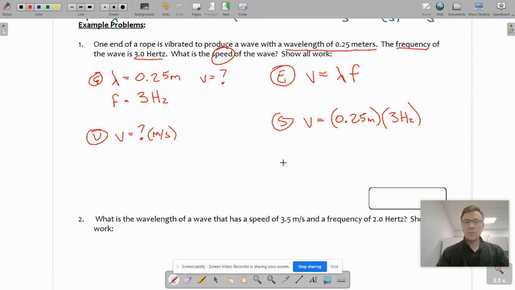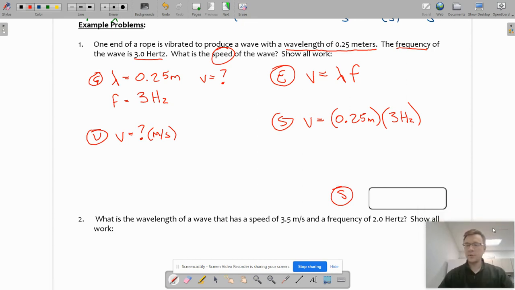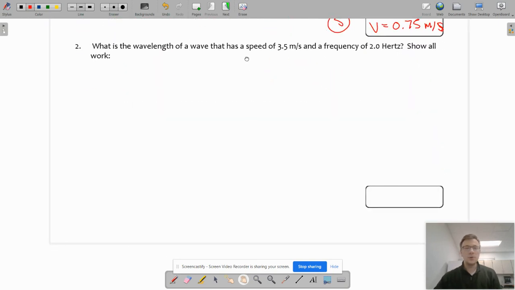Okay. So for our final, I'll go ahead and put this down here in this little box. And that is going to be a wave speed of 0.75 meters per second. Okay. All right. So there's our first problem there, and we will go ahead and move on to number 2 here.